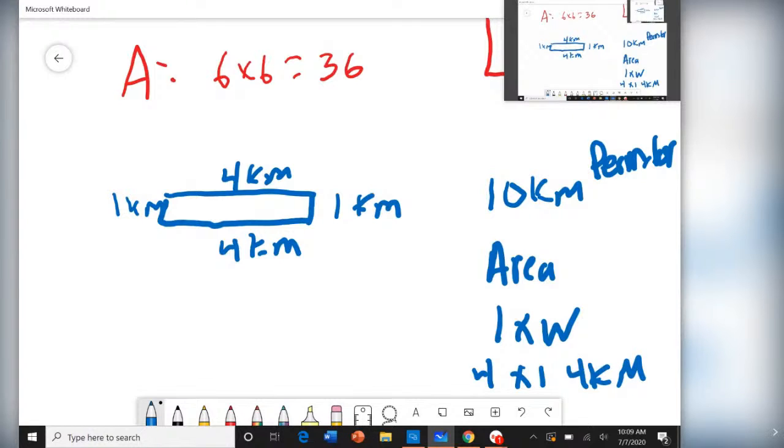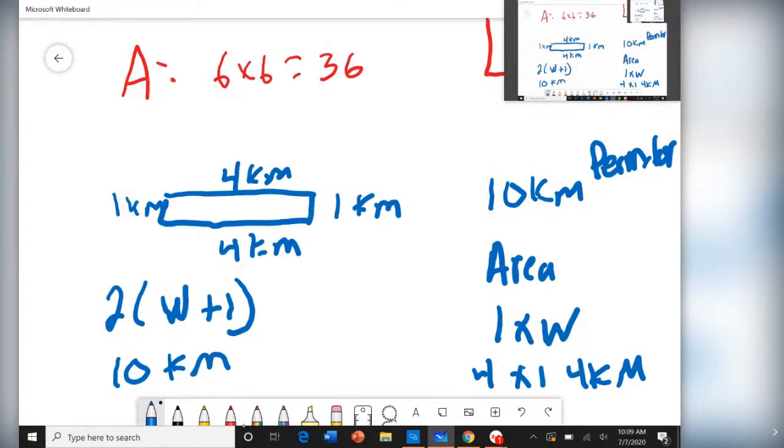And the perimeter formula for a rectangle is 2 times width plus length. So basically you're going to have 1 plus 4 is 5, times 2 is 10. So the perimeter is going to be 10 and the area is going to be 4.